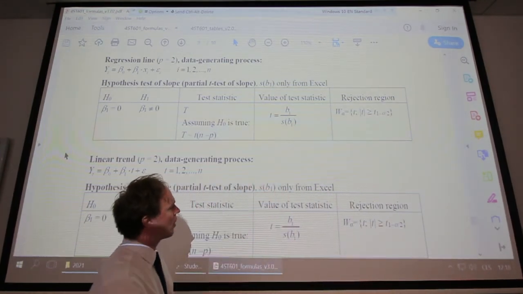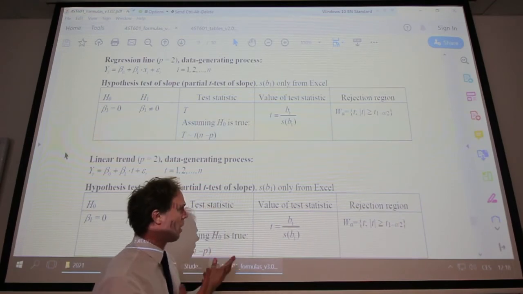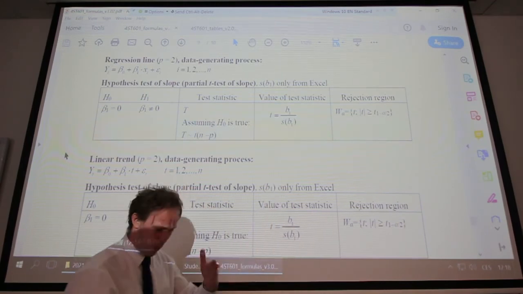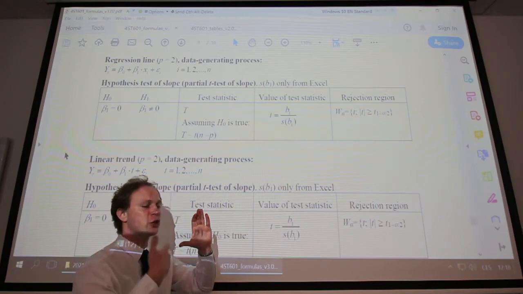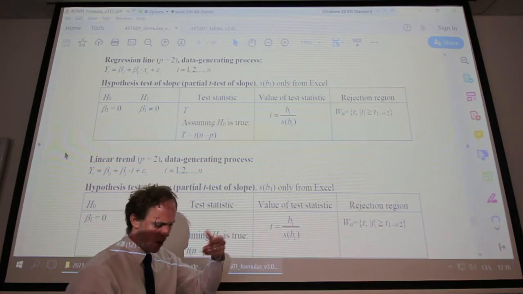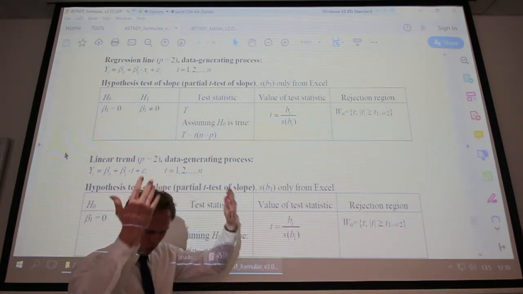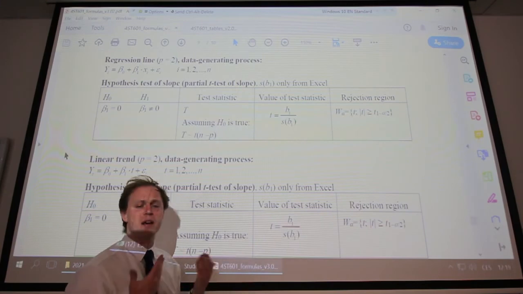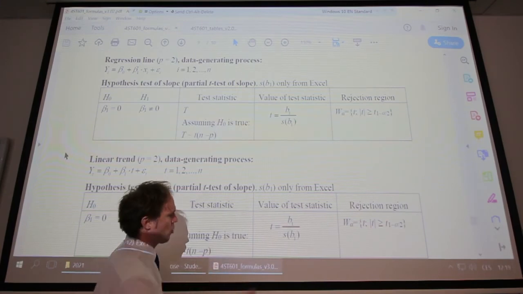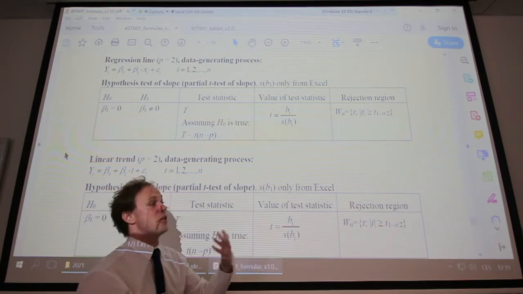If we are using any statistical software in the world, this software will provide you measures of quality of your estimate, of your parameter. So we know the value of the parameter, we know the standard error, and the ratio of the value of the parameter and the standard error is the student t-test.